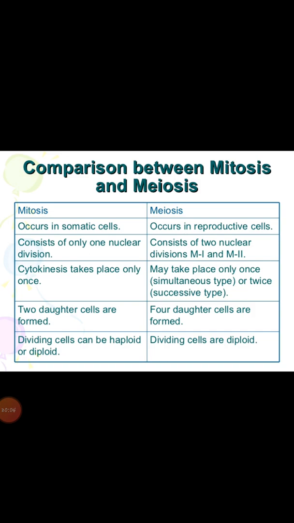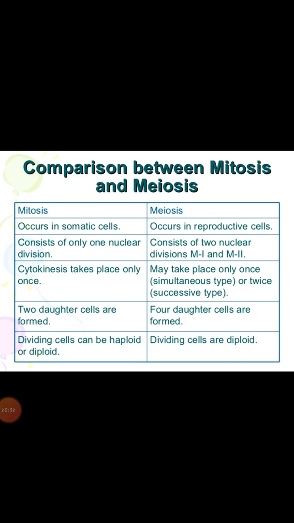Mitosis occurs in somatic cells, meiosis occurs in reproductive cells. Mitosis consists of only one nuclear division, meiosis consists of two nuclear divisions, meiosis first and meiosis second. In mitosis cytokinesis takes place only once, and in meiosis it takes place twice, that is simultaneous type and successive type cytokinesis.